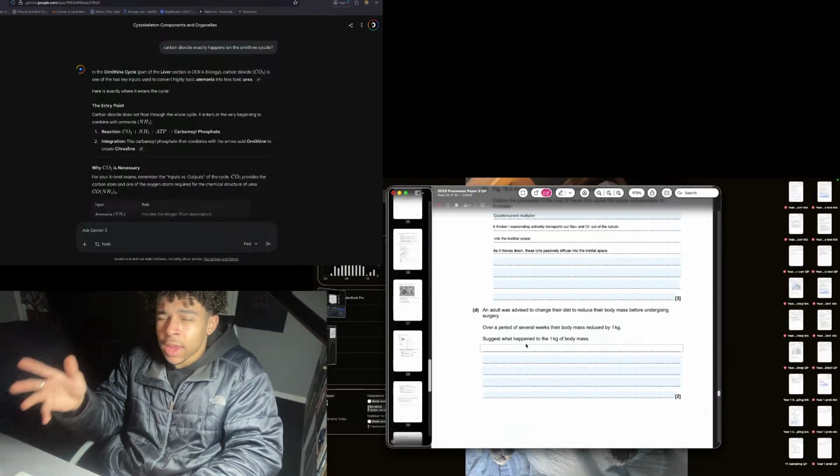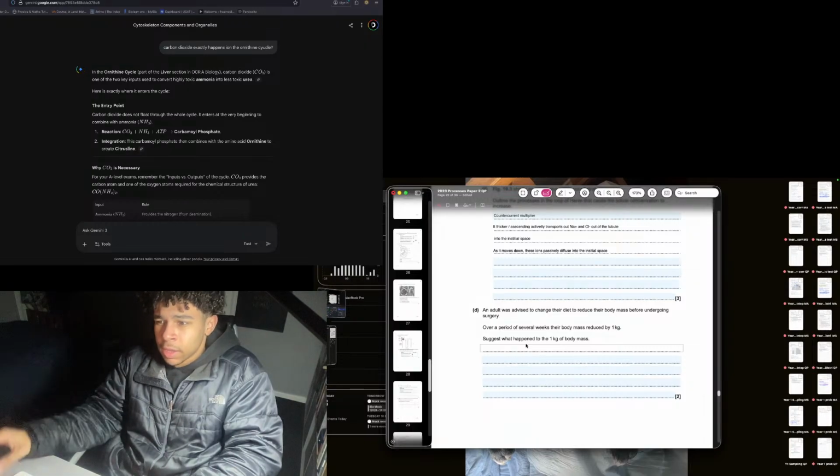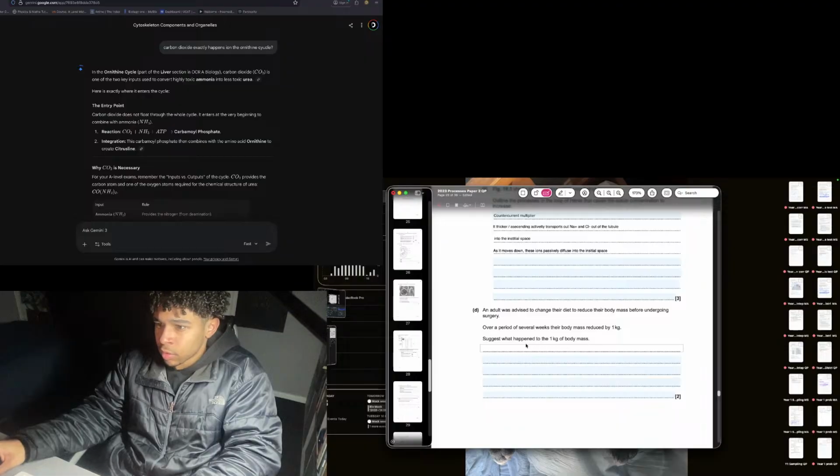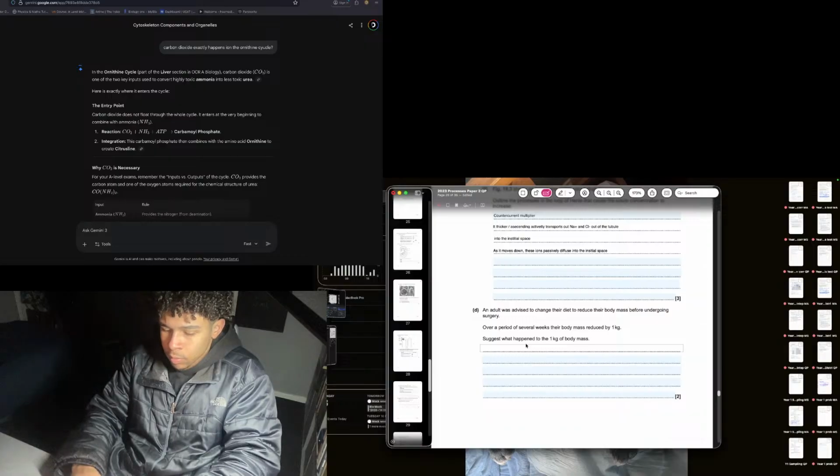Heat set point is the baseline heat. Increase in the internal body temperature. I don't know.